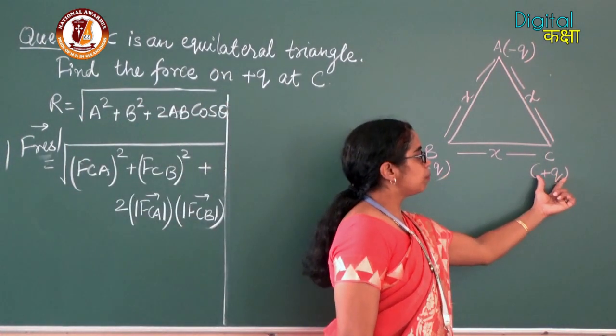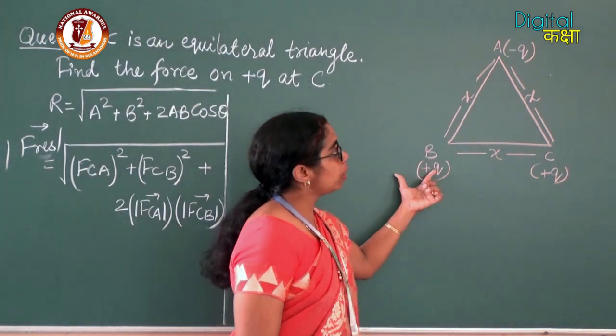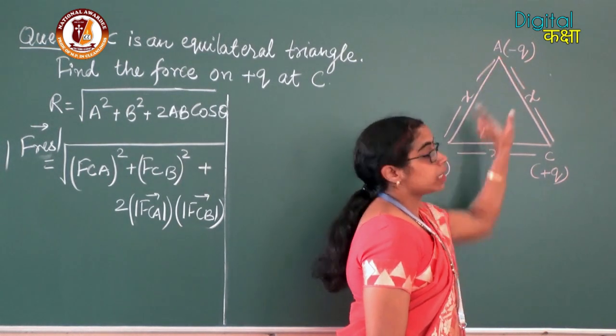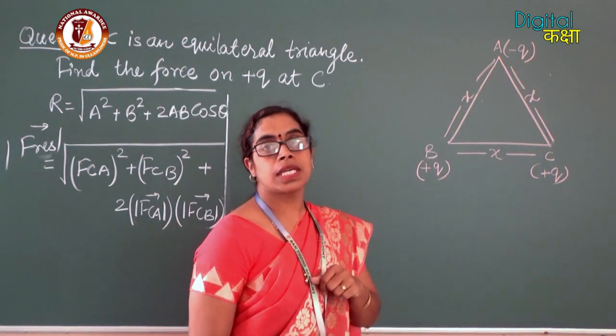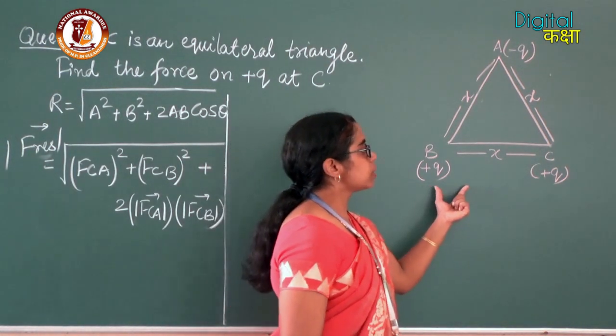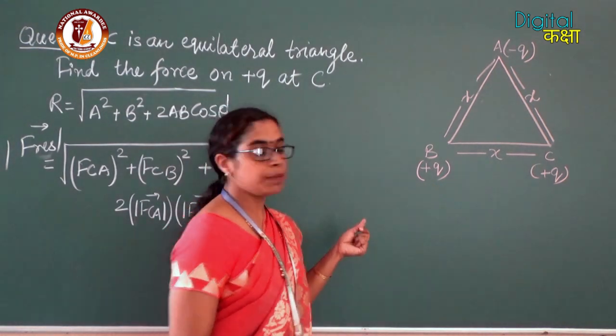You can see that the plus Q charge is kept on C, plus Q on B, but on the corner A there is minus Q charge kept in this figure. So again we will start the solution with the completion of the vector diagram.